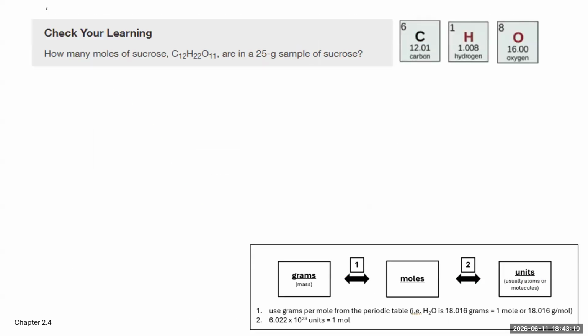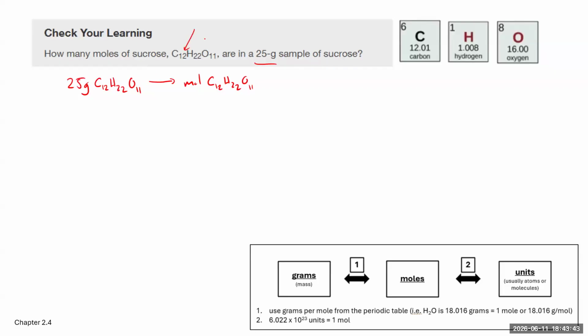How many moles of sucrose are there in a 25-gram sample of sucrose? So let's write this out. 25 grams of C12H22O11, and we're trying to get to moles of C12H22O11. Well, grams to moles, periodic table.